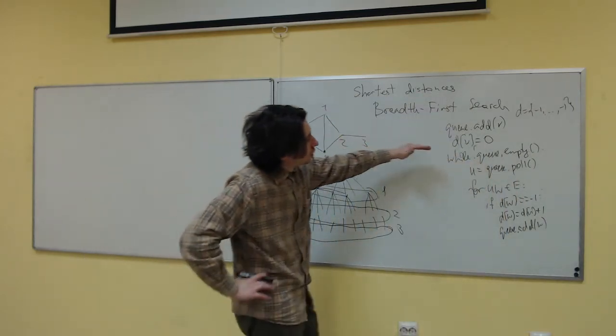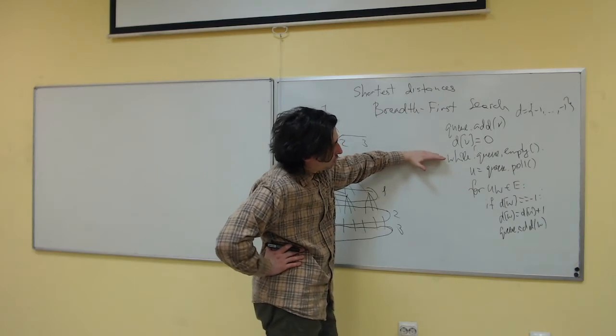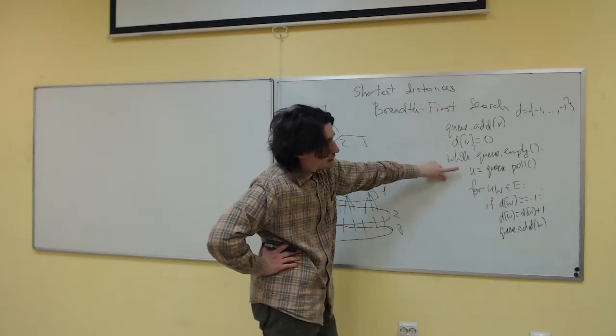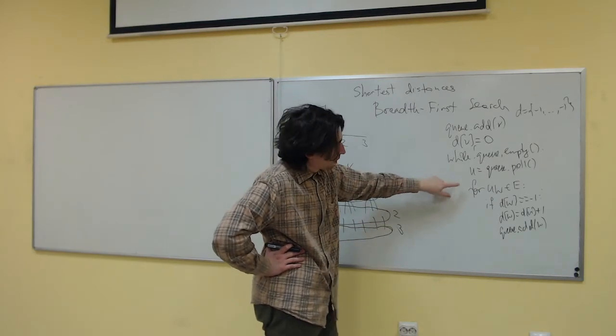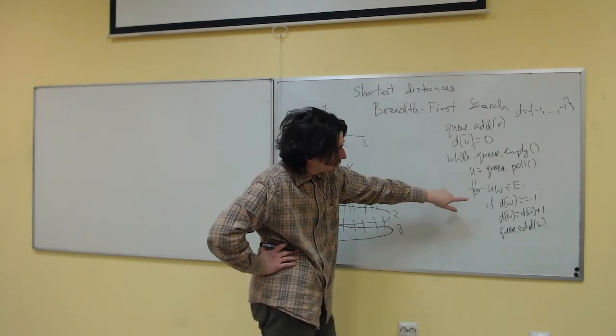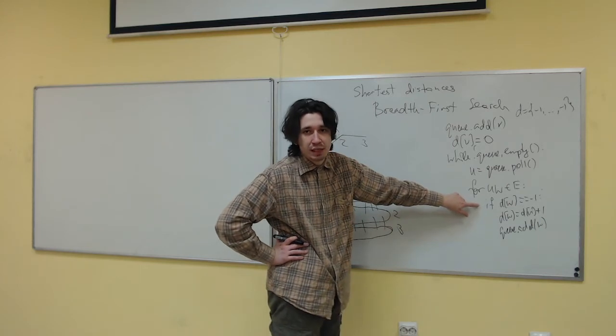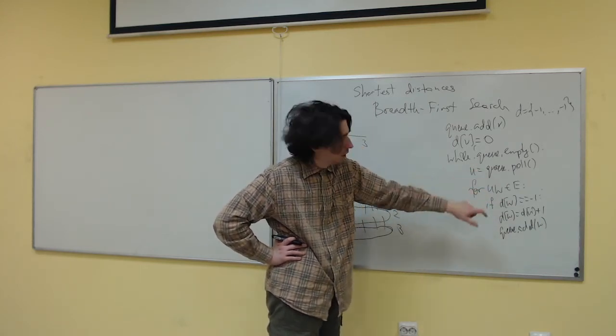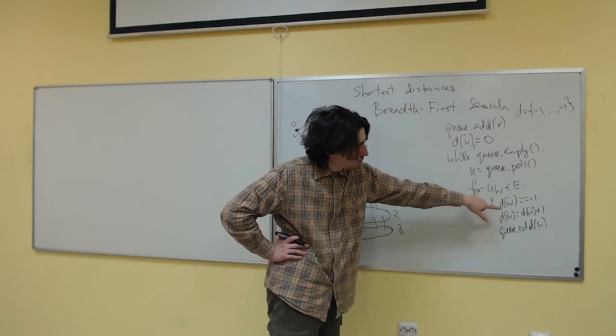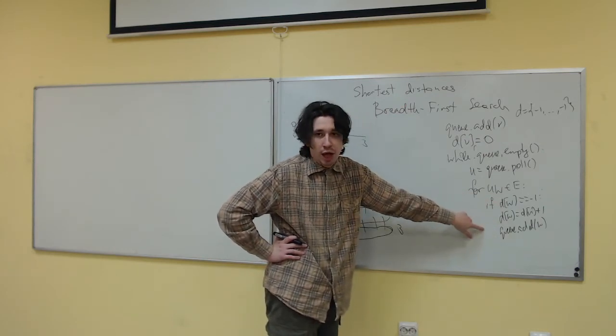So on each iteration, we take some guy from the left of the queue. Then you iterate over all the neighbors, and if we have not yet visited this vertex, so d of w is equal to -1, so we don't know the distance yet, we set this distance to d of u plus 1 and add this vertex to the queue.